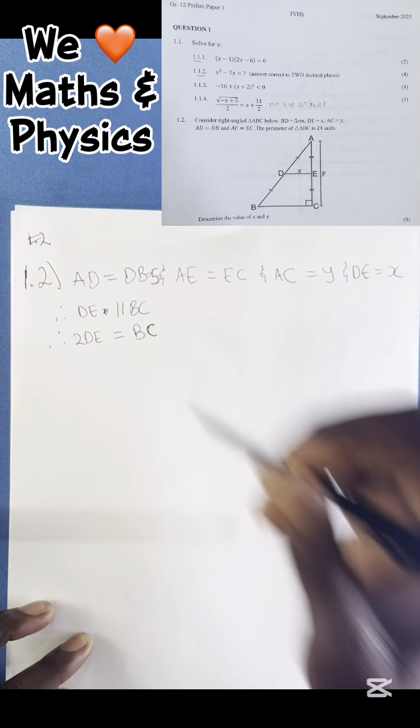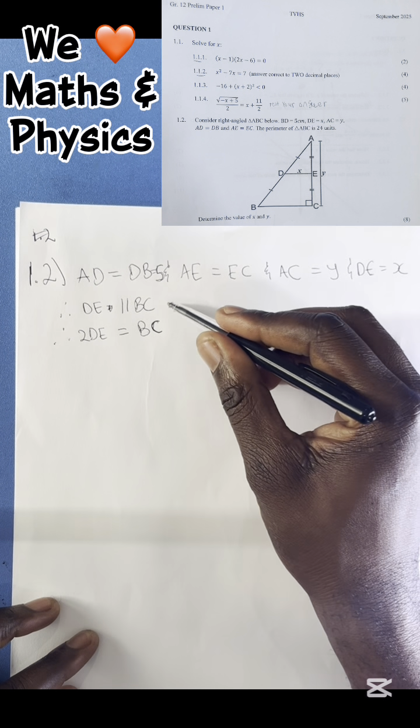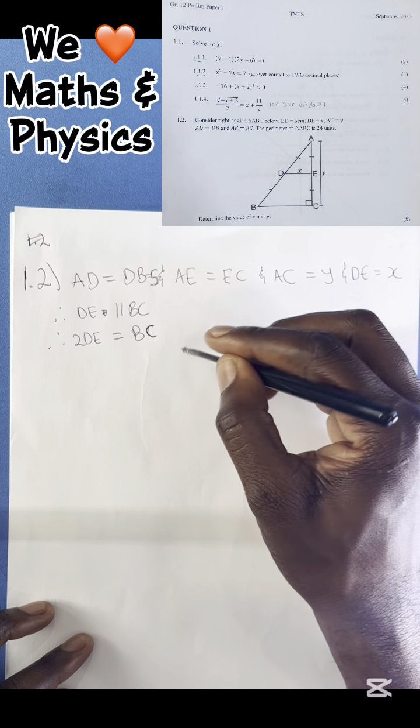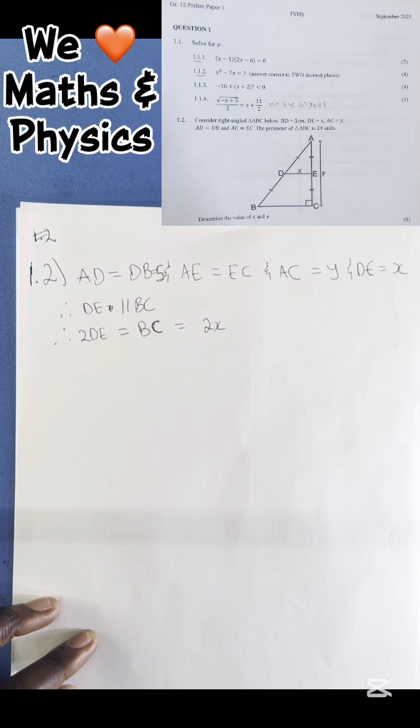So BC is equal to 2 times DE, because if they're parallel, that's your proportionality theorem, basically, guys. So remember, math is interrelated. Because that is half of that, therefore BC is equal to 2x. Happy with that?